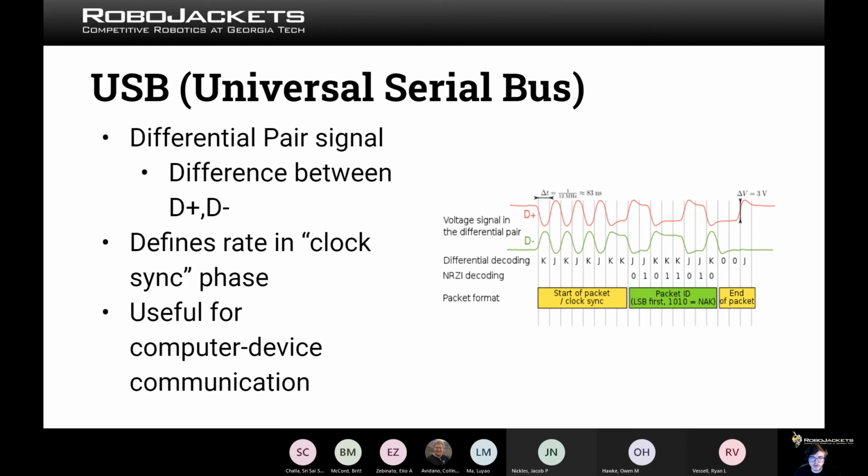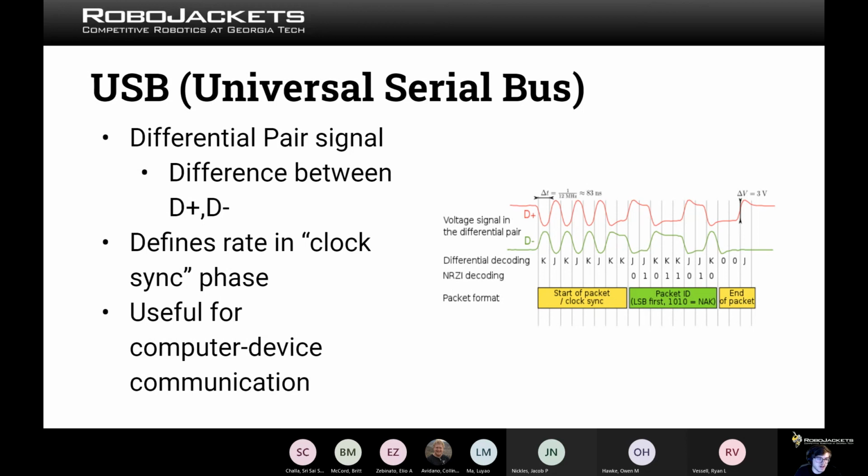The differential pair aspect of USB makes it a lot more noise resilient, and you can still keep your data, because the only thing worse than not getting data is getting wrong data. Or I guess it depends who you ask, but getting no data and getting bad data when you have 2 devices communicating are both really bad cases.